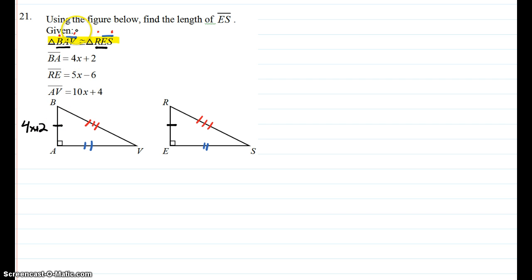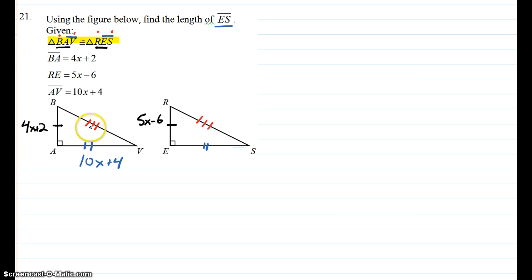RE is equal to 5x minus 6. AV is equal to 10x plus 4. And we want to find ES. So we want to know what this length is.